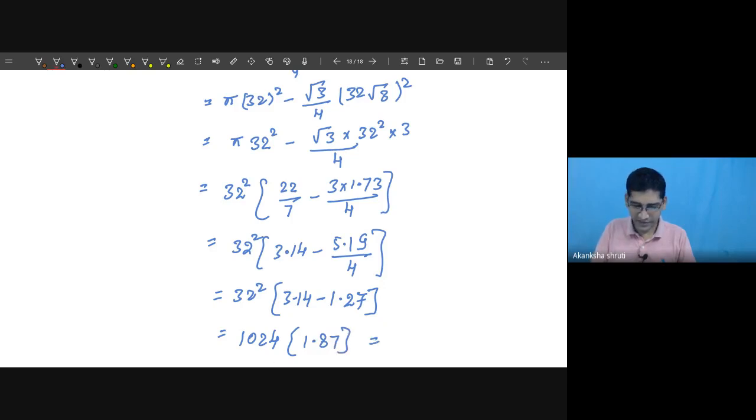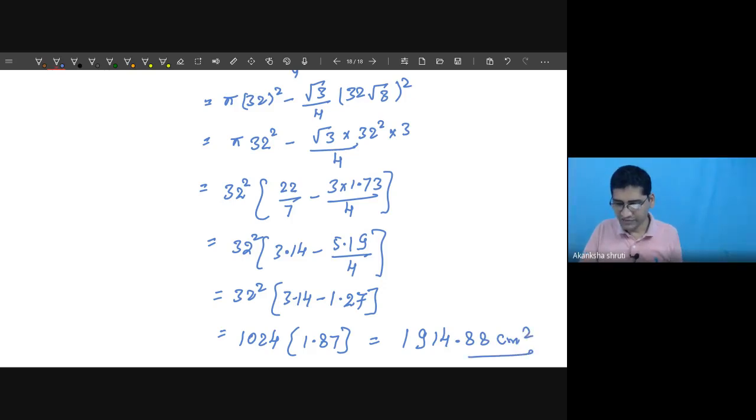Just go for multiplying this, 1.24. We can get this as 1914.88 centimeter square. This much is the answer.